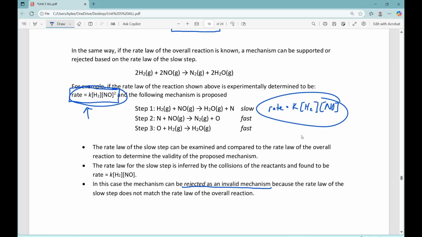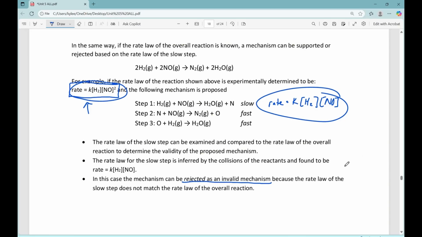And this is a way that we can piece this together. If we can determine the rate law experimentally, then we can start piecing together the mechanism that makes sense for how this reaction happens. So clearly, the mechanism that was proposed does not match, and we would need to come up with something else or propose a new mechanism that would match.